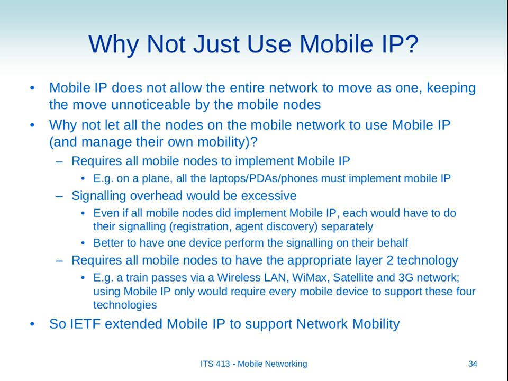You could even use wired links. So we can have various layer 2 technologies supported. There's much less signalling overhead. And these devices don't need to support mobile IP. They don't have to be advanced from that perspective. They just need to be able to connect to the mobile router.